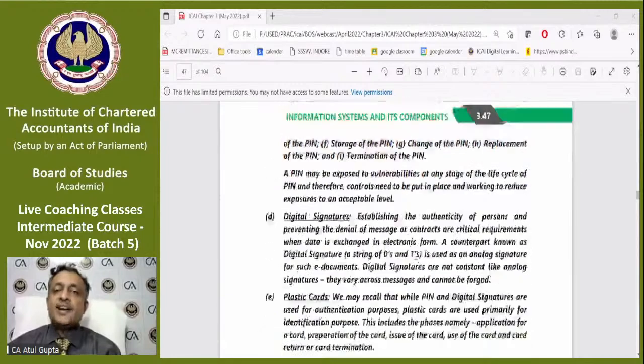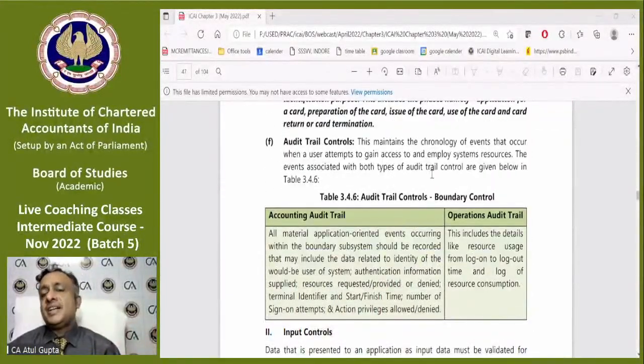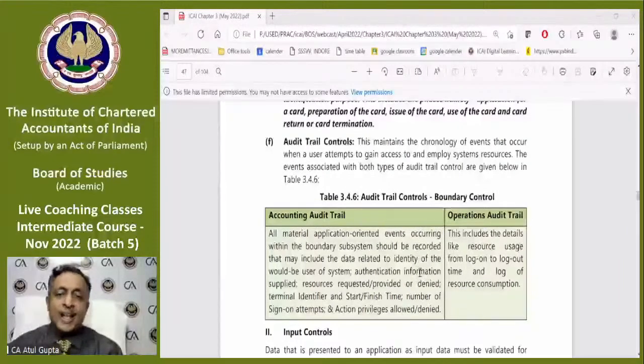So these are core boundary controls, and within that, audit trail controls, whether these boundary controls have worked properly or not. This table I want you to read. Accounting audit trail and operation audit trail. Okay. For one, I am reading. Rest I'll request you to go through.